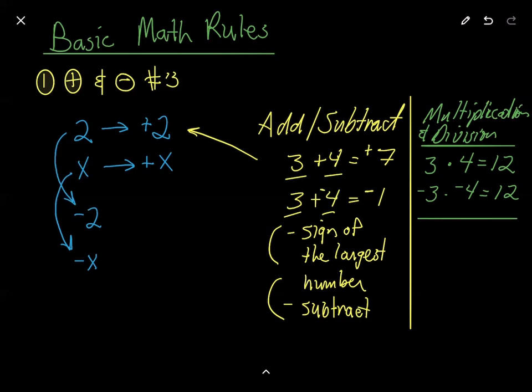Now, when you have multiple signs, say a negative 3 times a positive 4, or even the other way around, a positive 3 times a negative 4, a negative times a positive is always going to be negative. So negative 3 times 4 is a negative 12, and 3 times a negative 4 is also a negative 12.